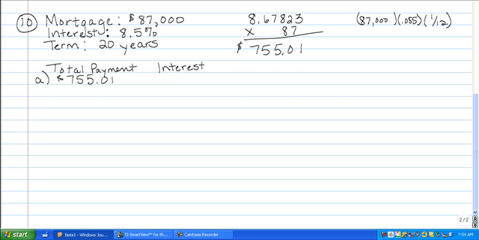So I'm going to take my 87,000, and again I'm not going to do this on the shared calculator, times 0.085, times 1 divided by 12. And I'm getting 616.25.